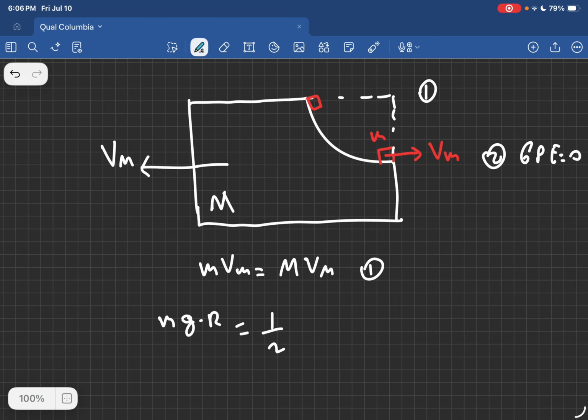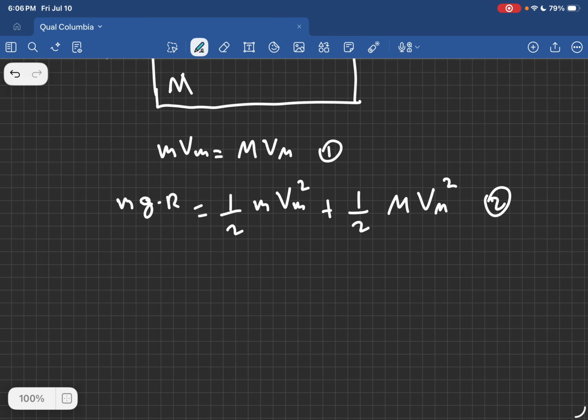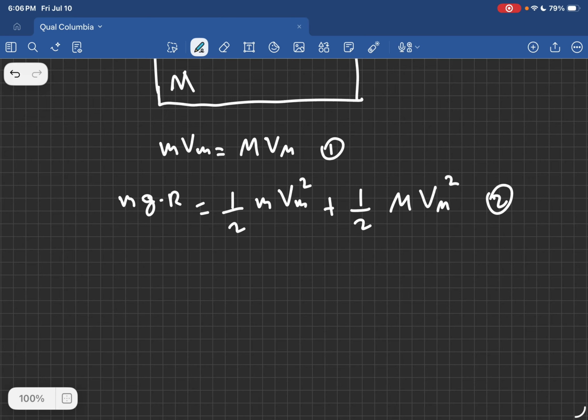So mg times r, because this distance is r, is equal to 1/2 lowercase m v_m squared plus 1/2 capital M times v_M squared. Okay, so we have two equations, two unknowns. So we pretty much solved it, but let's keep working to find the actual expressions for the velocities.